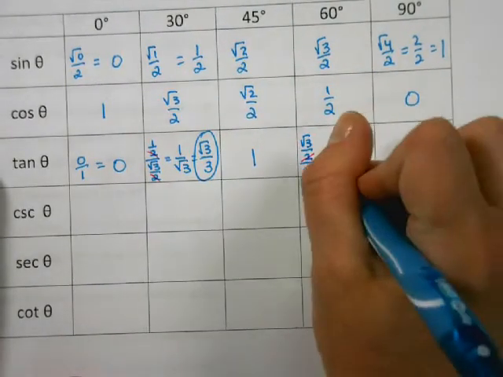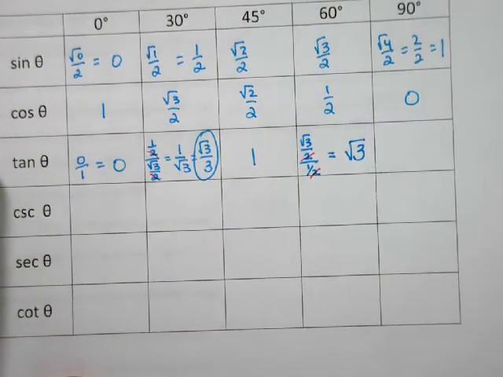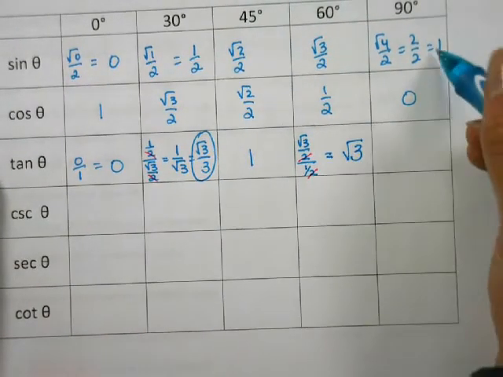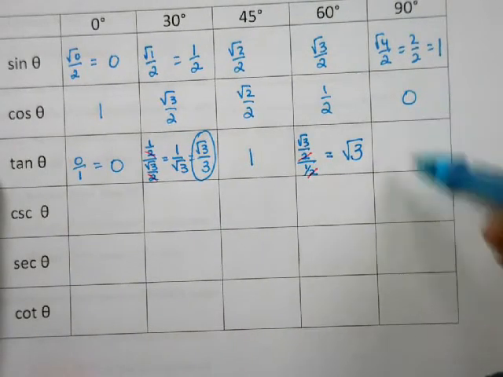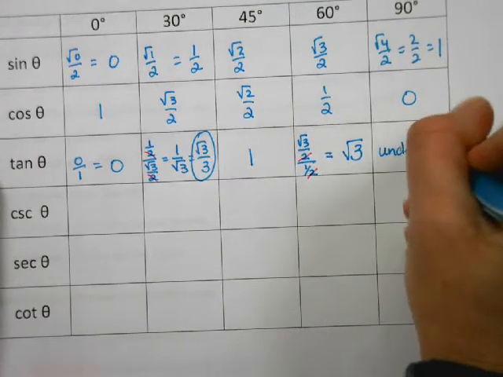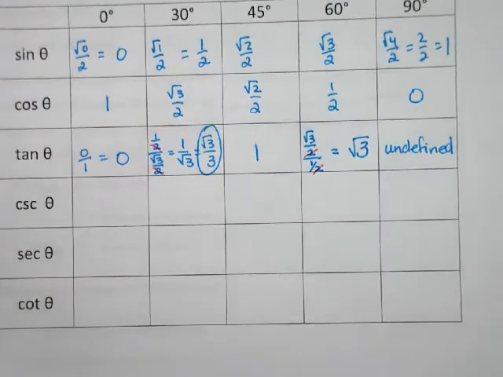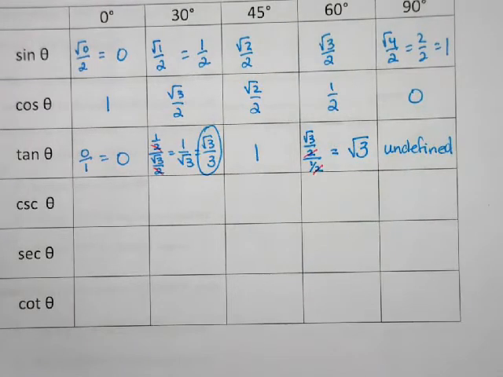So this guy becomes root 3. And 1 divided by 0 is undefined. Oh, we've got half of it done, right? That wasn't horrible.